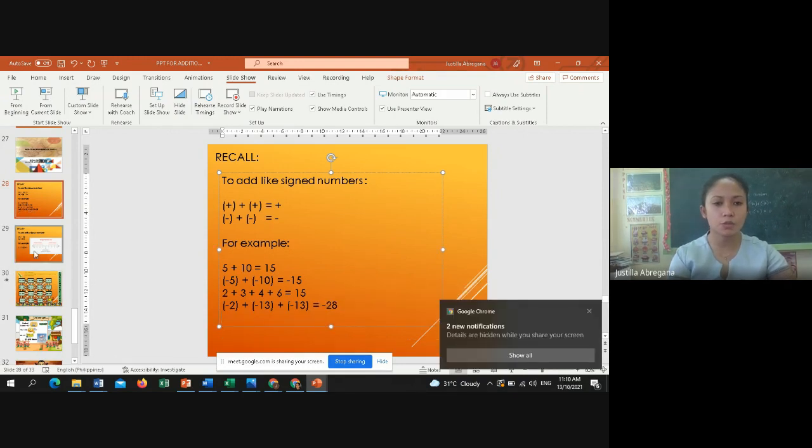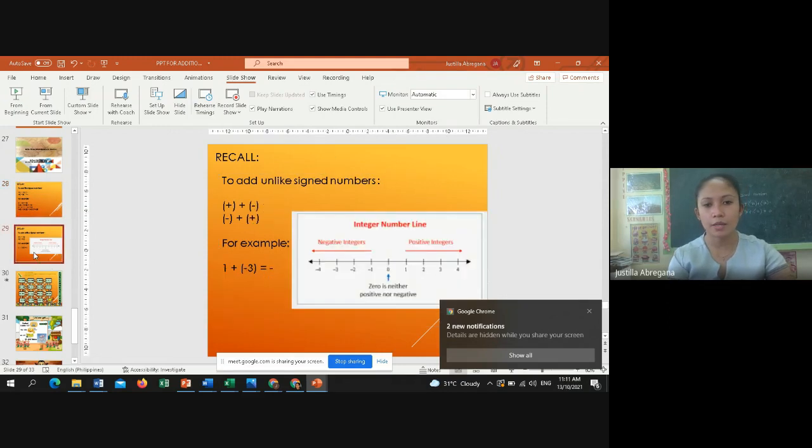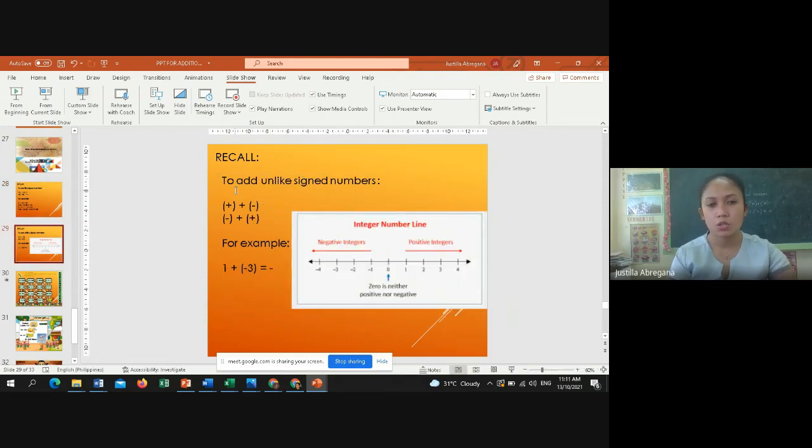Let's proceed now to the unlike signed numbers. Recall that to add unlike signed numbers, positive plus negative or negative plus positive, we have to follow the rules. What rule? Recall this number line here.